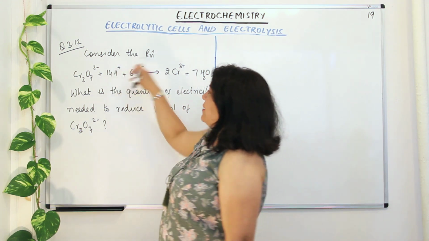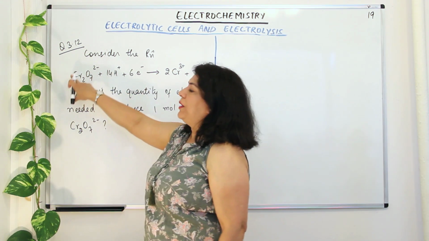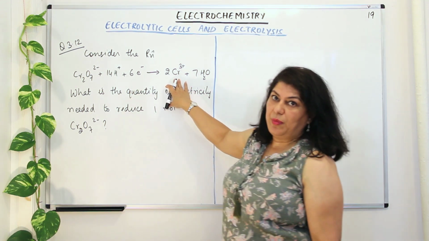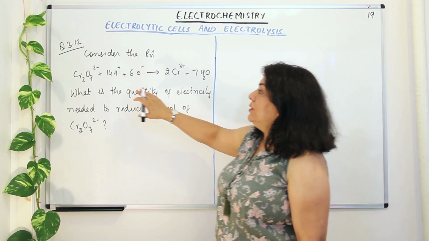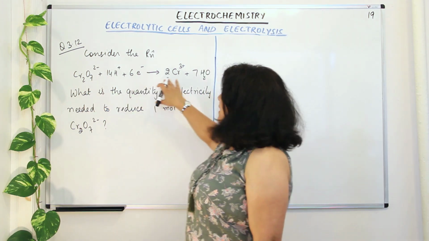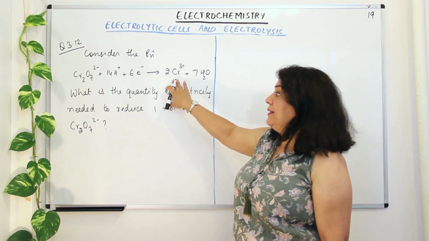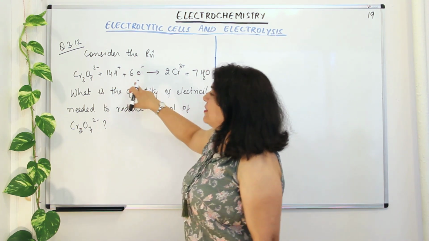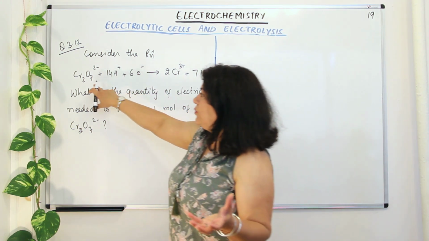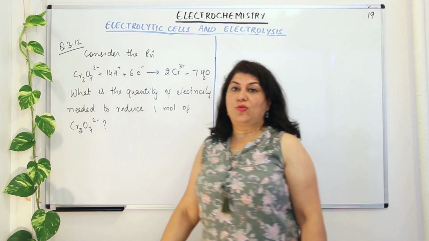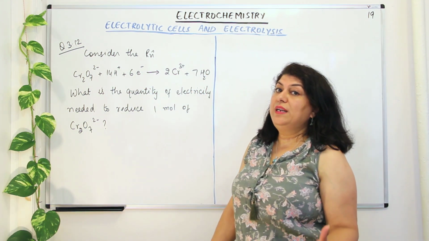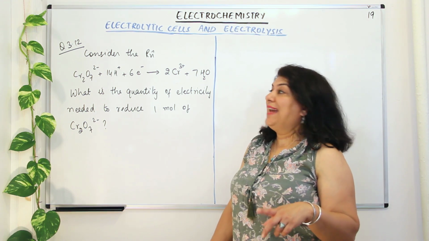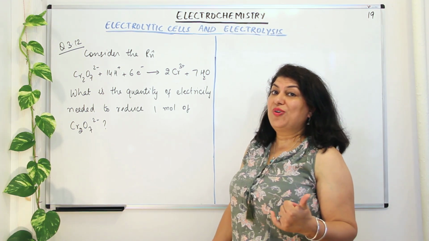According to this balanced chemical equation, we have 1 mole of dichromate ions, and all of them are being reduced. So the dichromate ions are being converted into Cr3 positive ions, and for one ion, you need 6 electrons. So for 1 mole, you will need how many? 6 into Avogadro's number of electrons. And what is the charge on 1 electron?